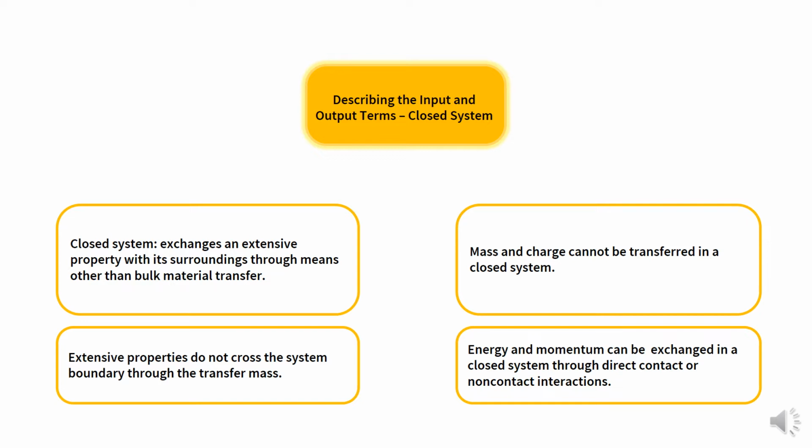However, both energy and momentum can be exchanged in a closed system through direct contact or non-contact interaction. For example, heat is a transfer of energy through direct contact interaction in a closed system. And also the gravitational force is an example of the transfer of momentum through non-contact interaction in a closed system.